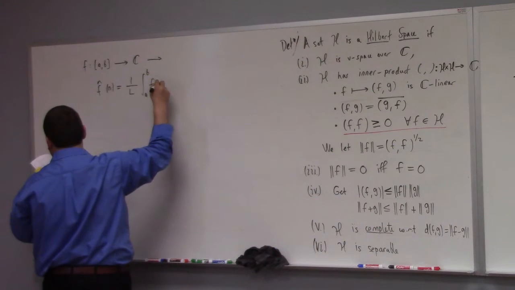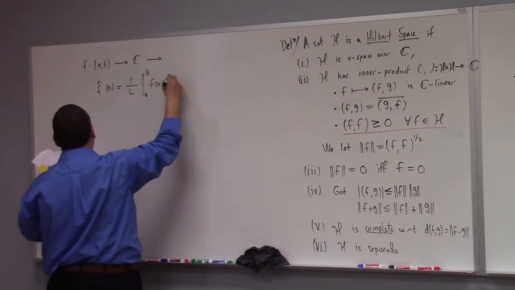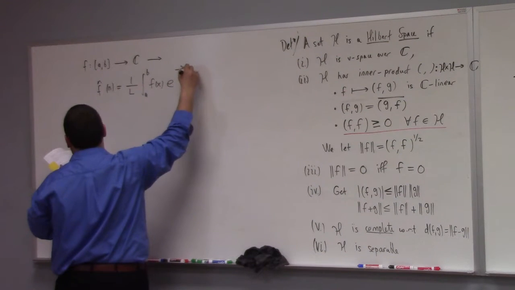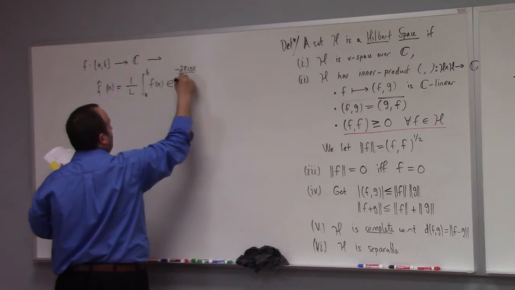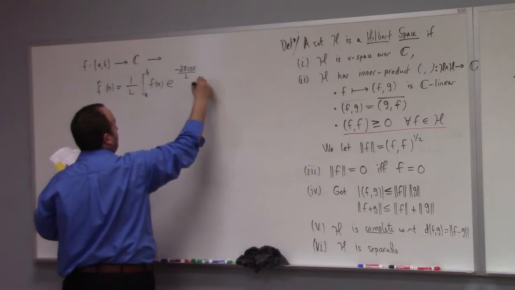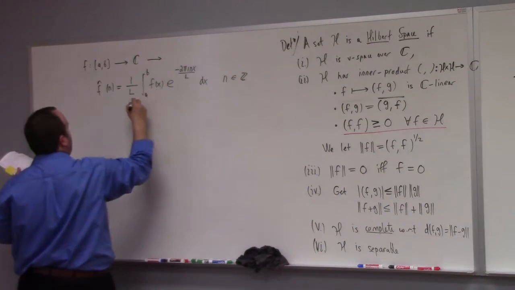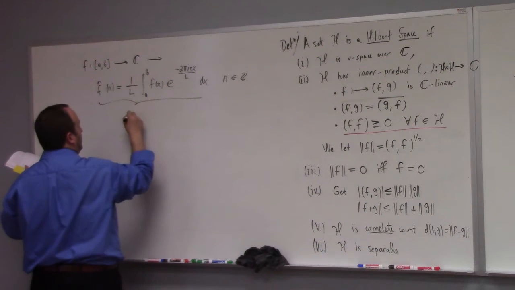Of F of x e to the minus 2 pi i n x over L dx. This is for n in Z. So this is the so-called Fourier coefficient.